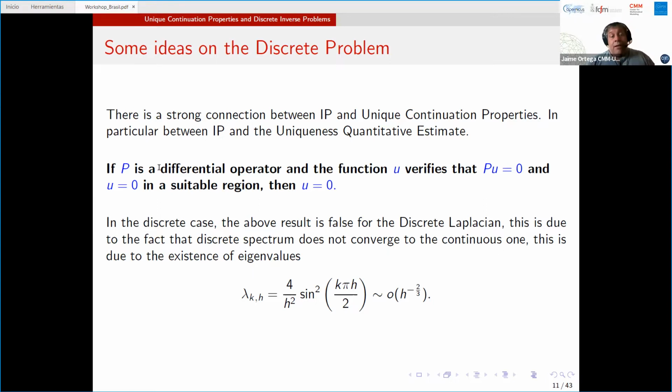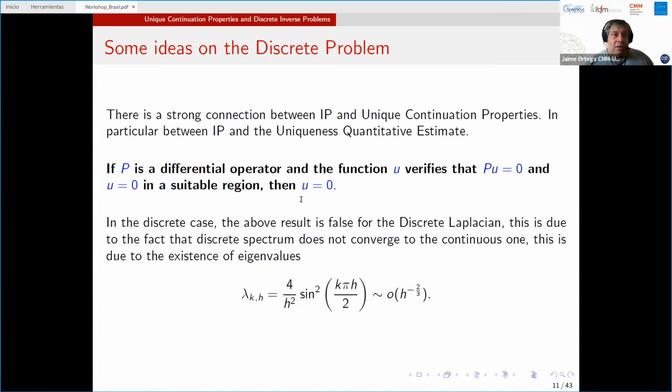Okay, but what happens when you go to the Laplacian in finite differences? Okay, you can think of the classical construction of finite differences, the progressive finite difference, or as you want. Well, the first thing is the result is false. You can write the equation of the discrete Laplacian, u equals 0, in a square.